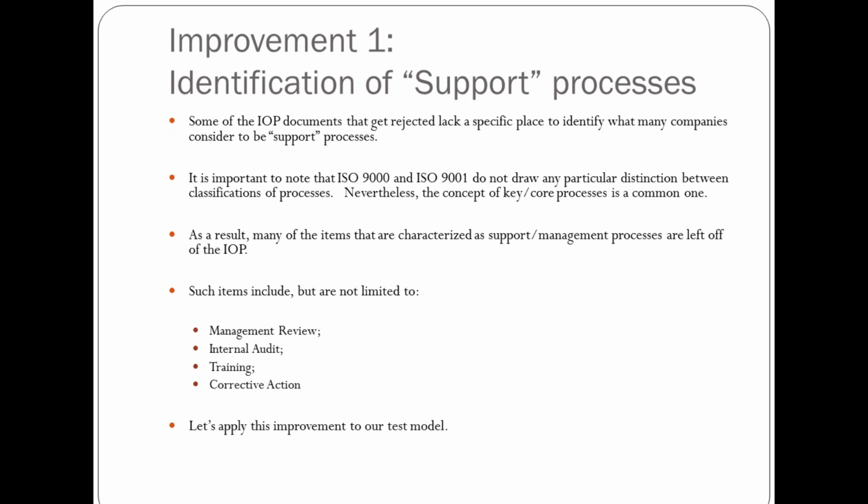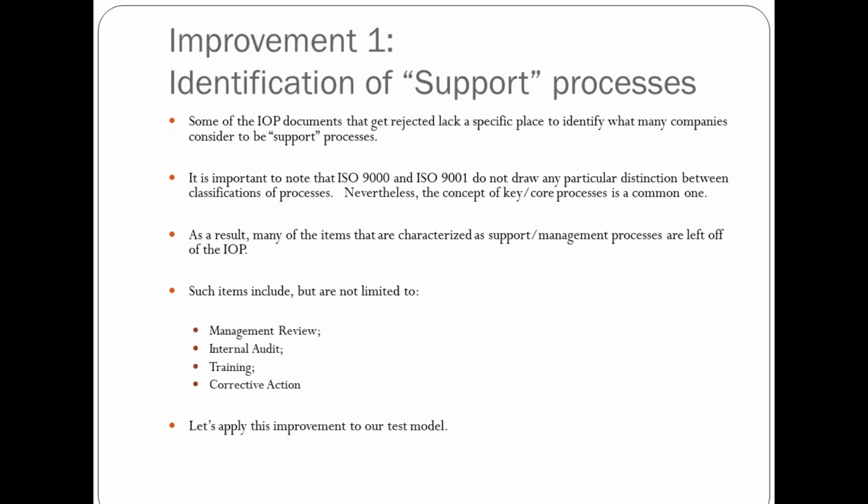So our first improvement, we're going to identify support processes. Now some of the IOP documents that get rejected don't have any particular place to reflect what the support processes are. Now, first of all, it's important for you to note that neither ISO 9000 nor ISO 9001 draws any particular distinction between how to classify your processes.